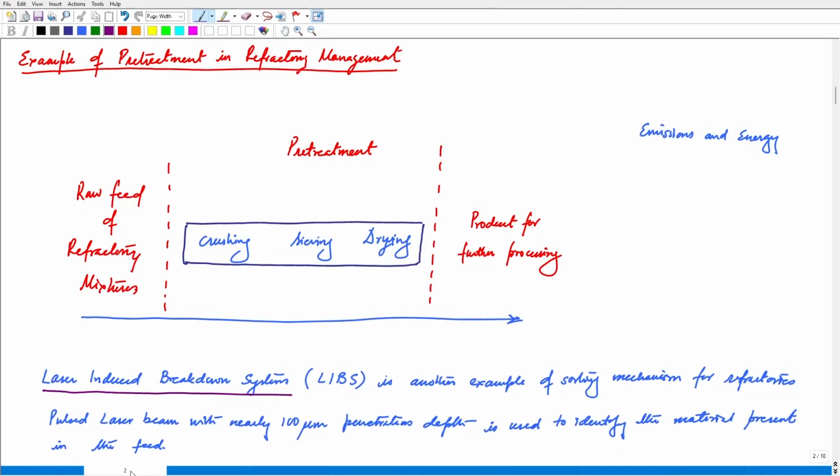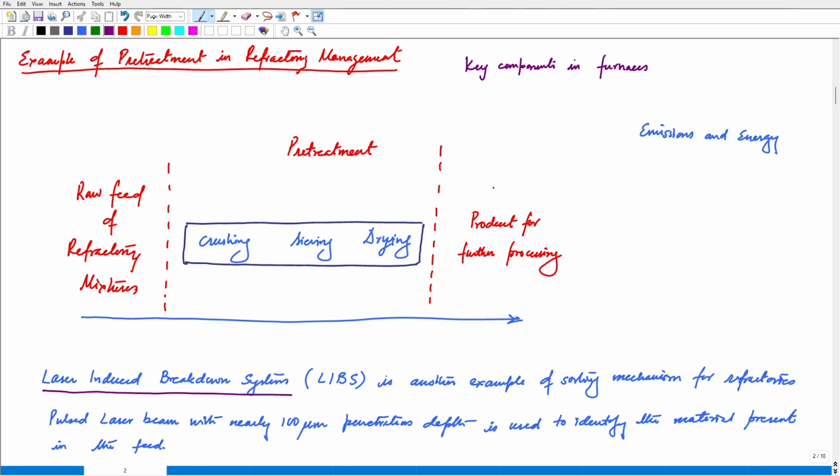Now we'll look at another example of pretreatment in refractory management. So refractories are key components in furnaces. In the furnaces that we normally use in metallurgical systems, metallurgical industries, and in our laboratories, we have refractories as the protective lining.